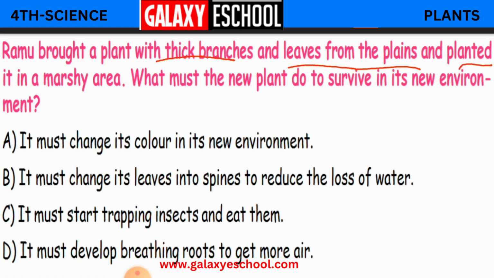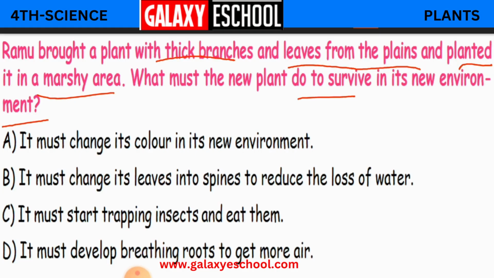And planted it in a marshy area. Marshy area is a wet area. So the plant has been moved from a flat surface area like a plain, which is dry, to the marshy area, that is a wet area.